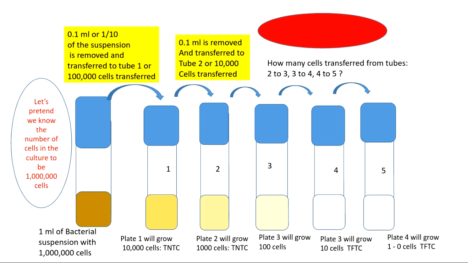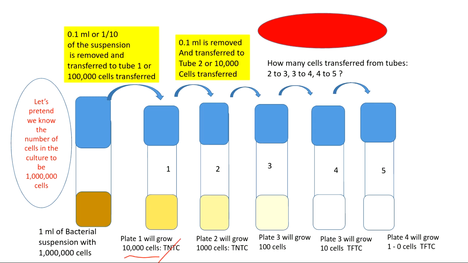Now, in order to get a statistically significant sample, you need to count a plate that has between 30 and 300 colonies. So plate number 1, which came from dilution tube number 1, had 10,000 cells. That's too many to count. You shouldn't even bother counting it.